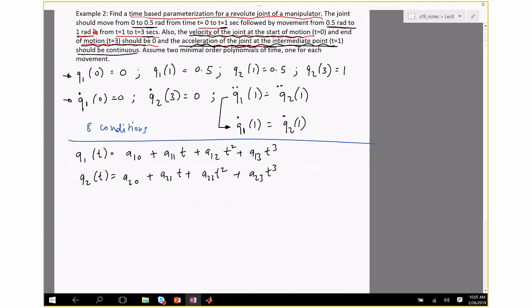Now because we would need the velocity and acceleration at some point of time, I'll take the first derivative of these expressions and the second derivative, and then use them to substitute in the conditions, for example for the acceleration.